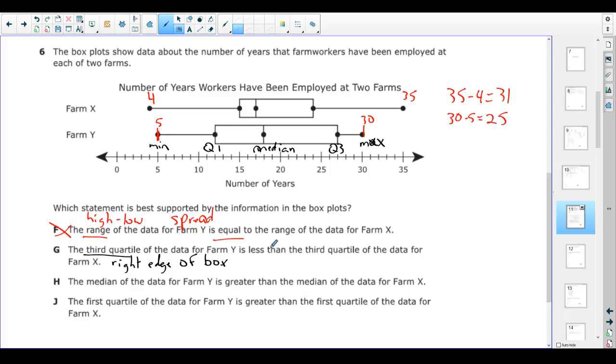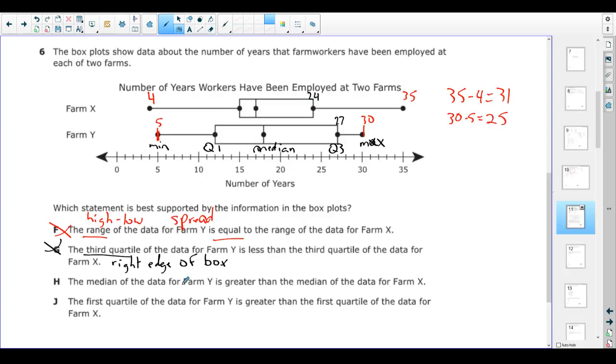The third quartile is less for farm Y than it is for farm X. So here it is, farm Y is at 27, and farm X is 24. So that is not true. 27 is more than 24.